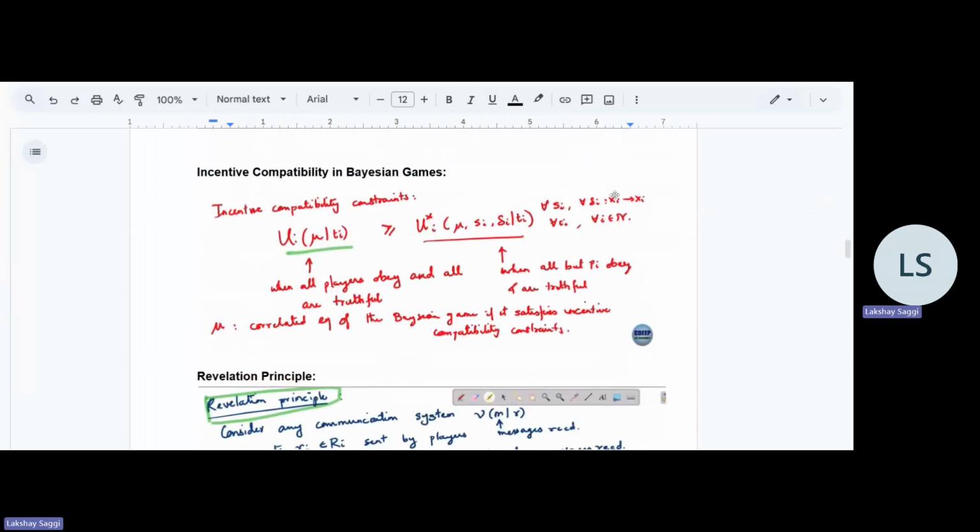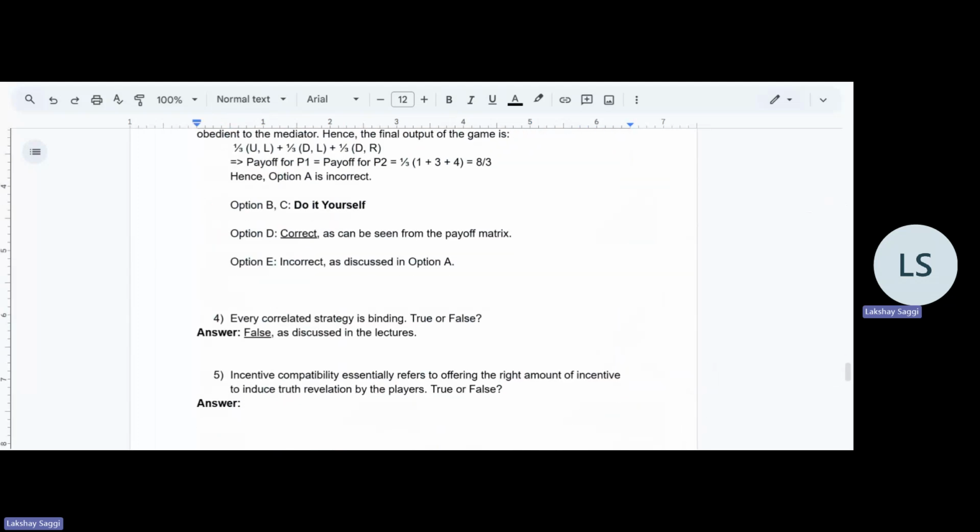That one has to ensure these kinds of utility constraints so that players actually report their true types. So players will only report their true types if the strategy is such that their utilities are more when they report their true type.